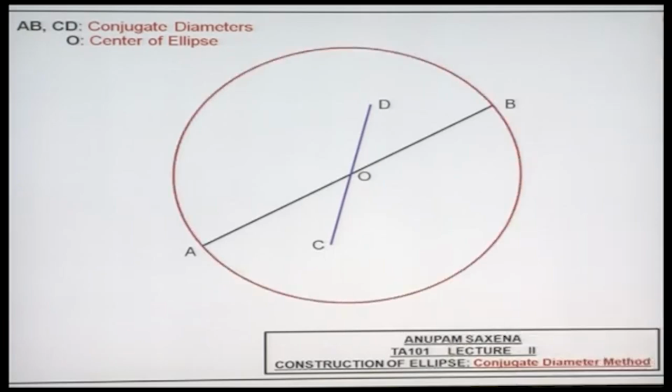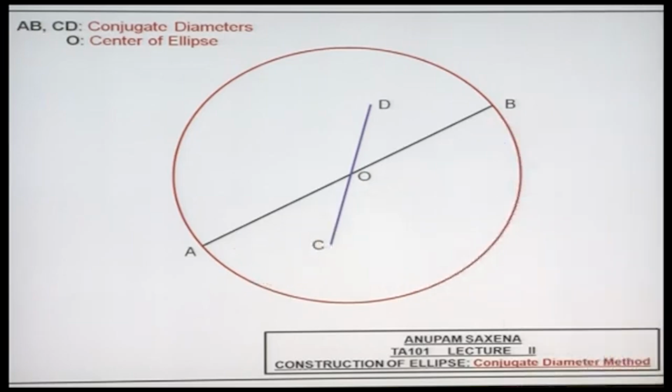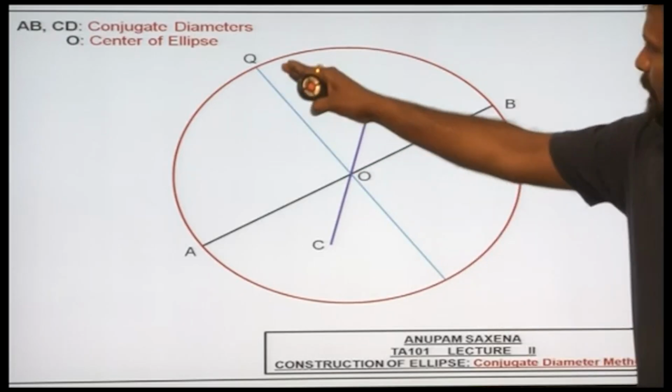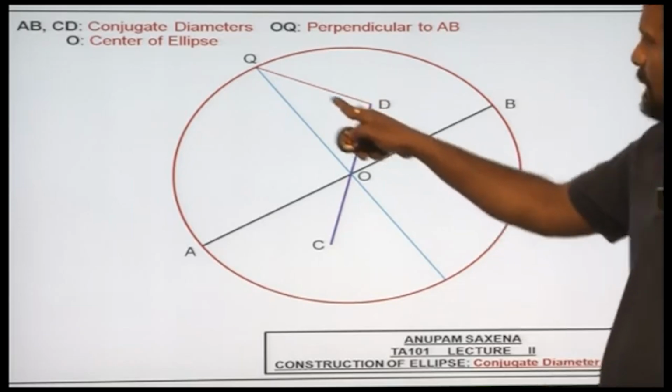Now, with O as the center and AB as the diameter, I am going to be drawing this outer circle in red. And let me draw OQ such that OQ is perpendicular to AB. Let me join point D and Q.